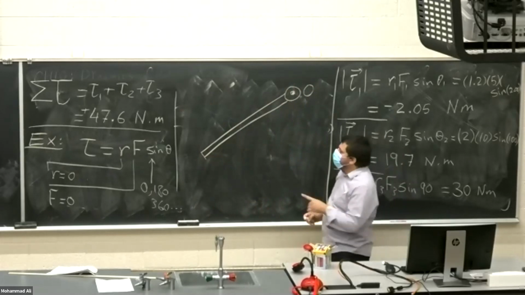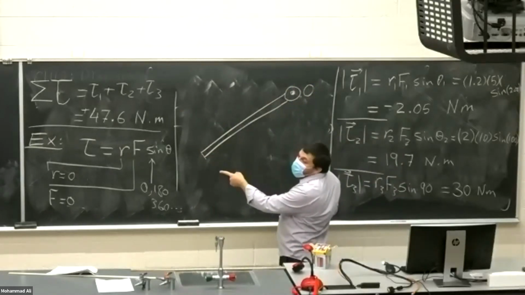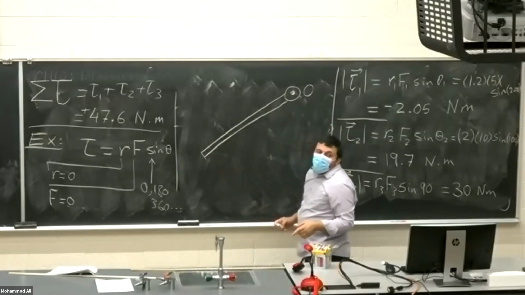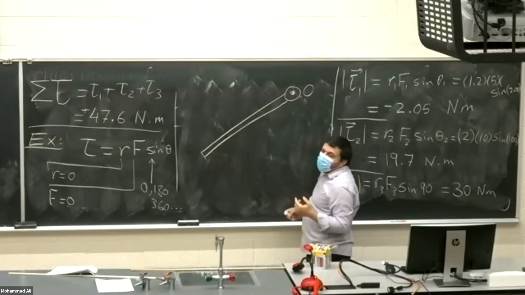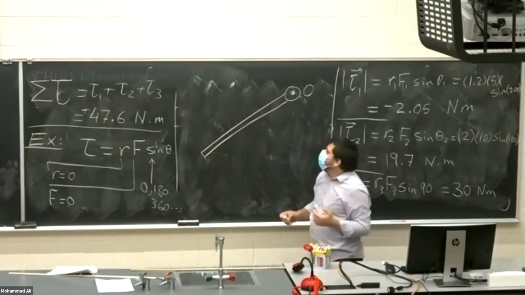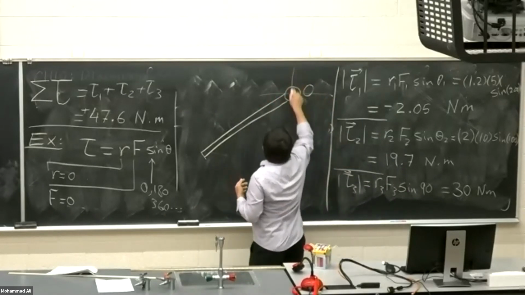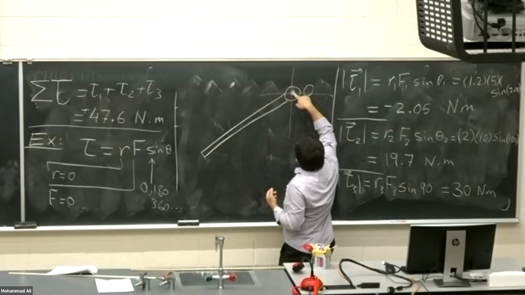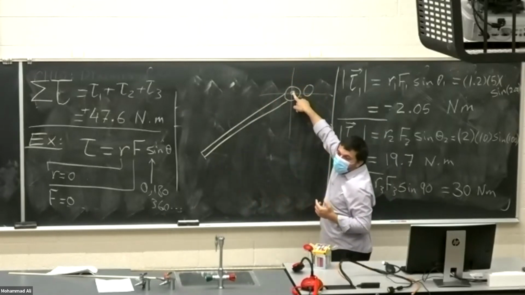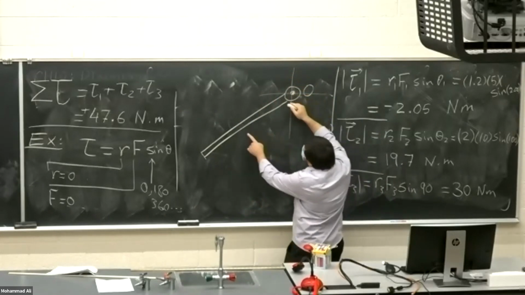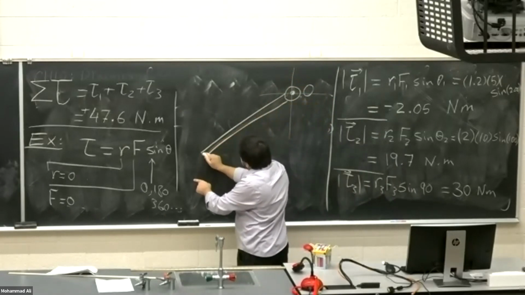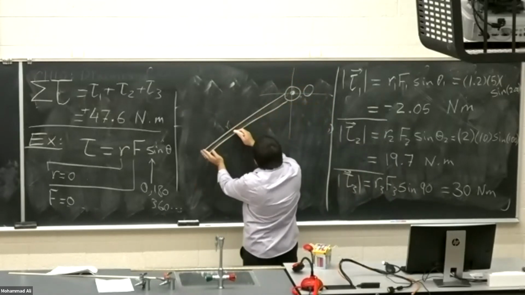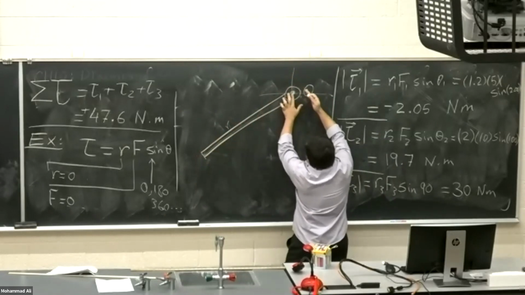Now, the first case, when R is equal to 0. Where is R equal to 0? This is the point of rotation. The distance R is away from it. This is R. When R is equal to 0, it is here.